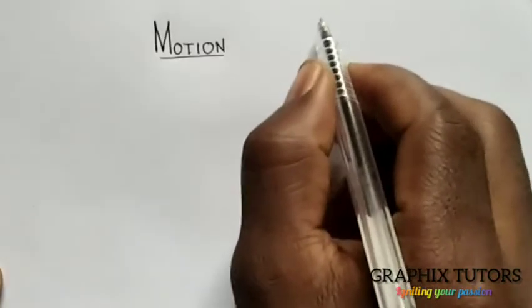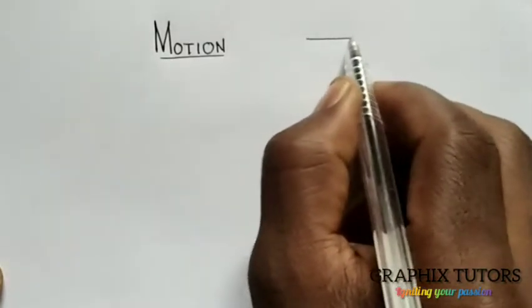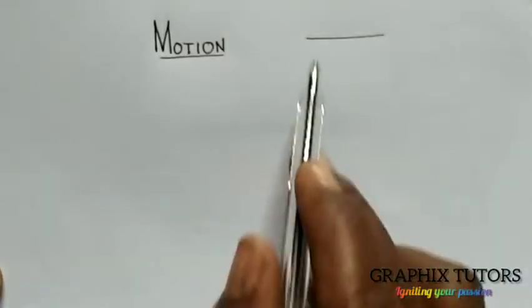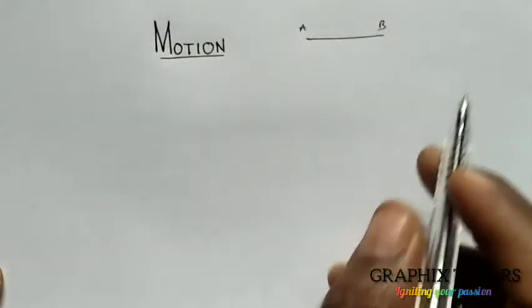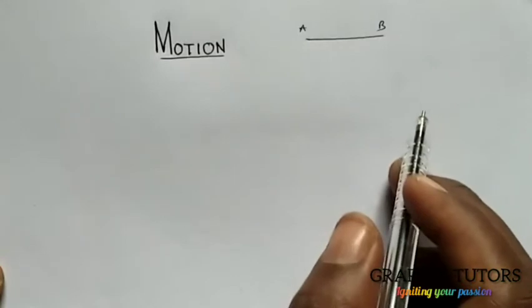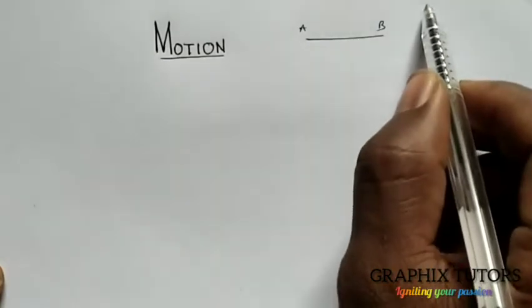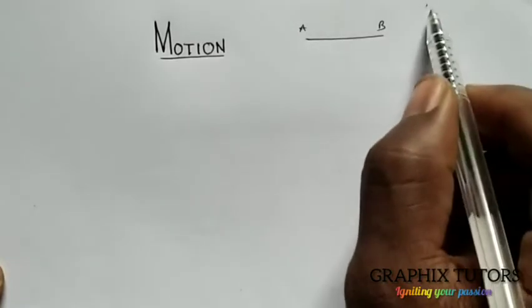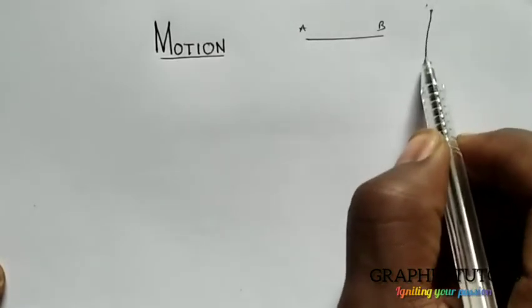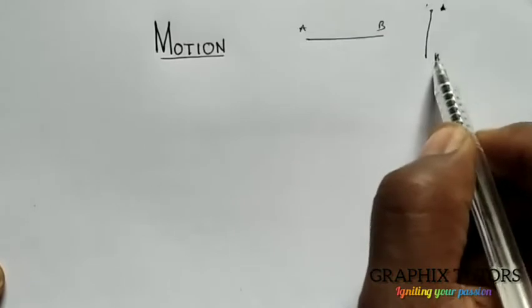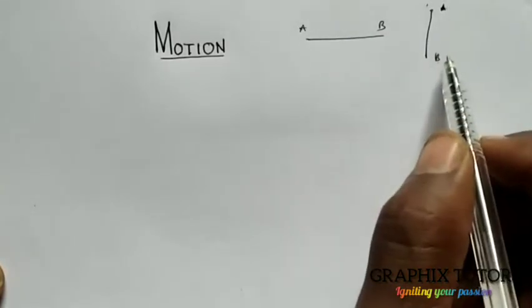A body can change on a horizontal ground, that is moving from one point A to point B, which we call displacement. A body can also change in altitude, falling from up to down, probably from A to B or from B to A, right?